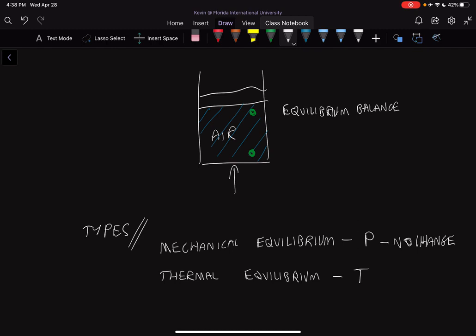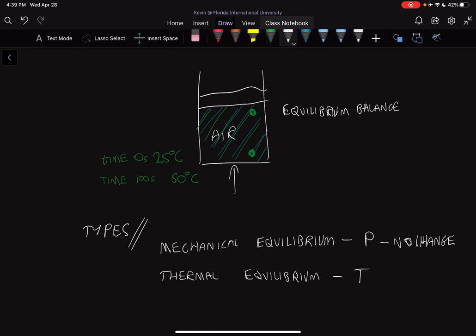Okay, so if we're heating up air, the whole mixture of air goes from, for example, 25 degrees Celsius at time 0, and then at time 100, so let's say 0 seconds and 100 seconds, now our mixture is at 50 degrees Celsius. But the whole mixture is uniformly at 25 and then uniformly at 50 degrees Celsius.